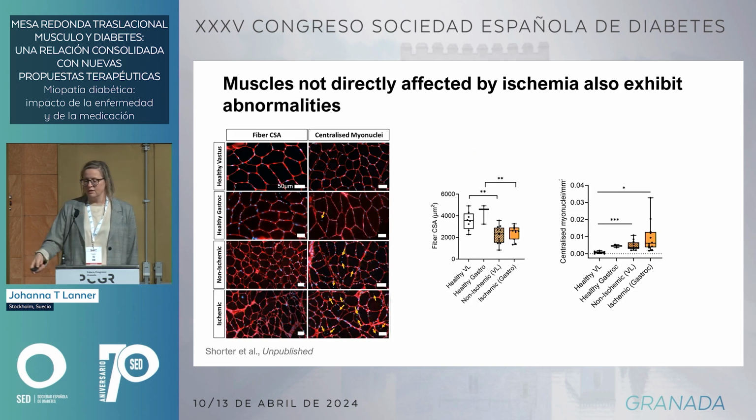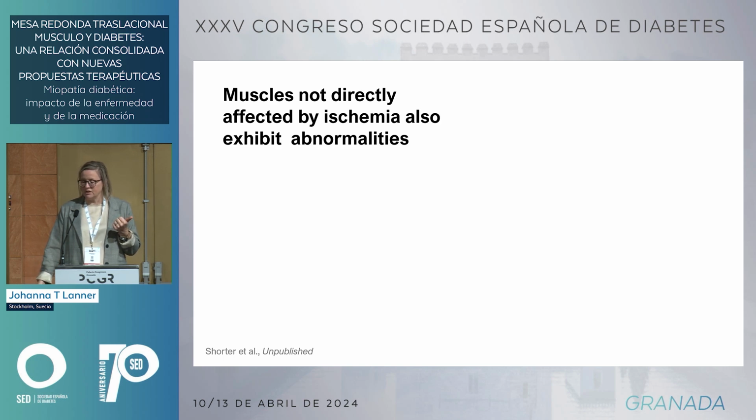And this was true not only for what we call the centralized nuclei. We have the same trend, and compared to the healthy, the fiber cross-section area is smaller with the central nuclei. Both the non-ischemic and ischemic are higher than just healthy muscle from healthy volunteers.